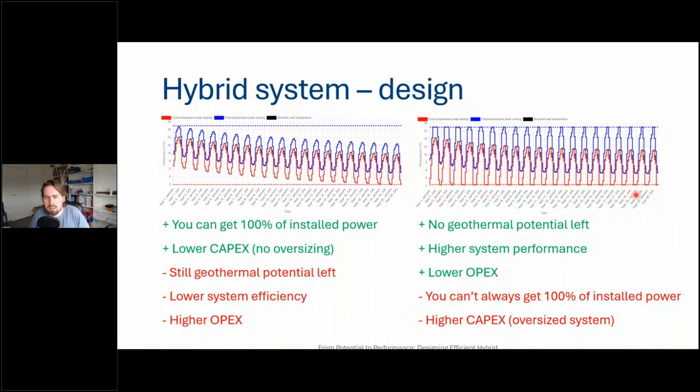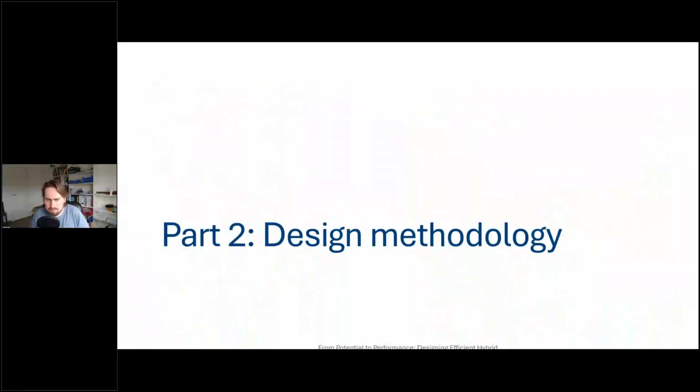But year after year, we cannot get that power out of the ground. So we need to install more power. We need to oversize our HVAC system in order to tap into this energy potential, making the system bigger as an investment cost. So these are the two different ways to size them. Let us now take a look at the methodology we can use in order to do so.